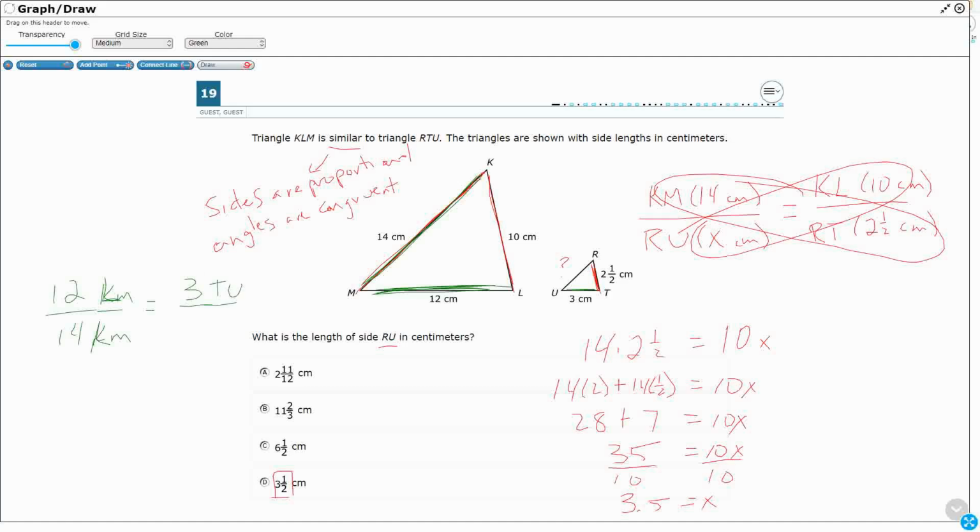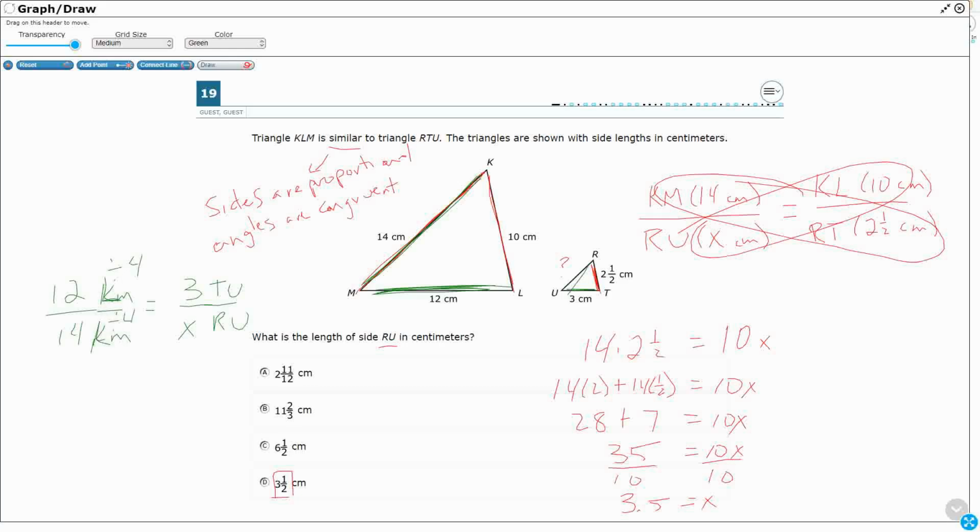And then I'm going to have my RU, which matches to the KM on the bottom. So I'll call that x, RU, okay? So we could do cross multiplication, or we can say, hey, look, if I need to go from 12 to 3, that's divided by 4, right?